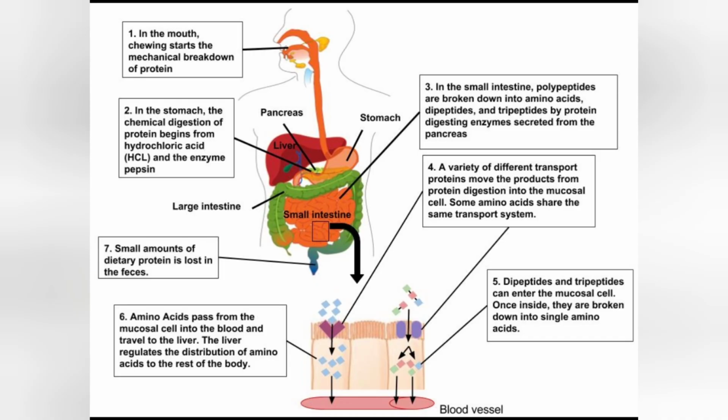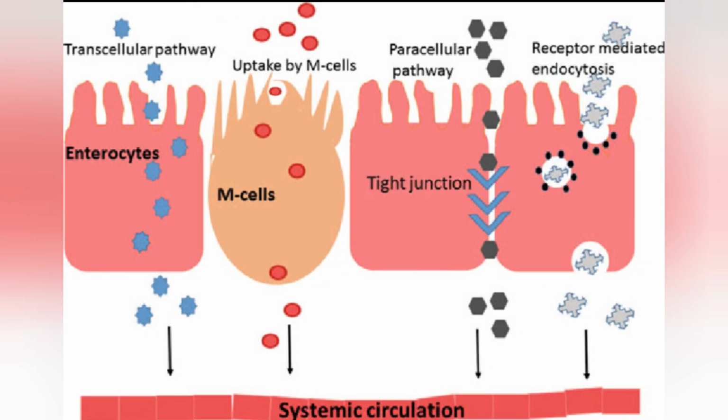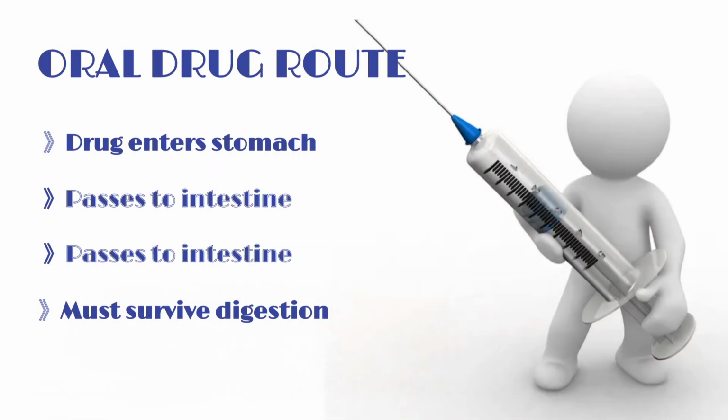After passing through the stomach, the drug reaches the small intestine, where further digestion occurs and absorption into the bloodstream takes place. For a drug to be effective orally, it must survive the stomach acid, resist the digestive enzymes, and cross the intestinal lining into the blood.